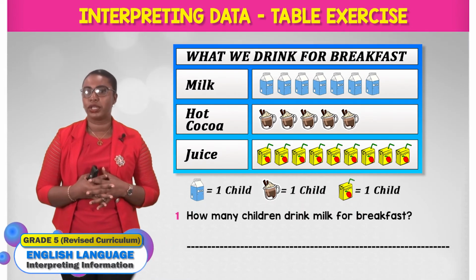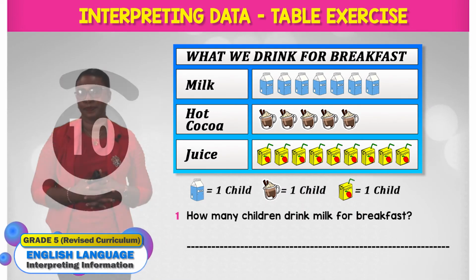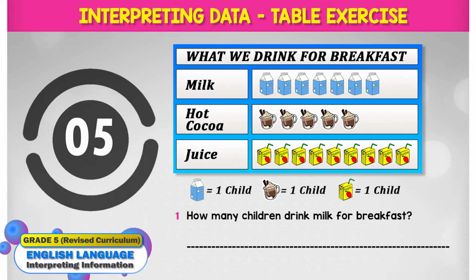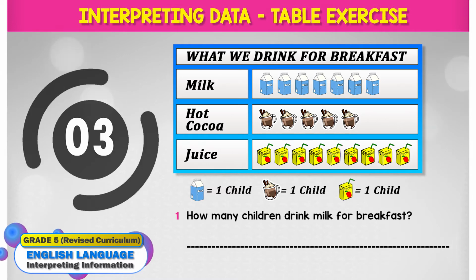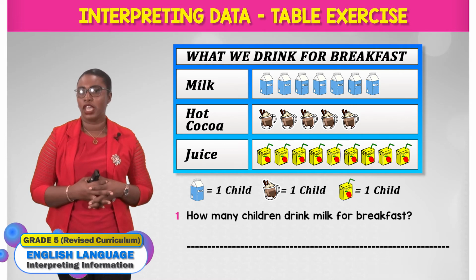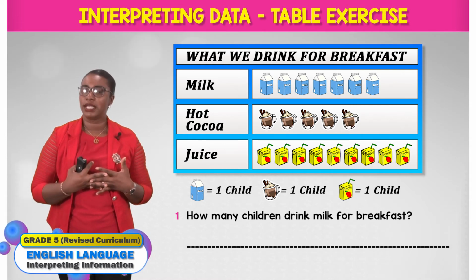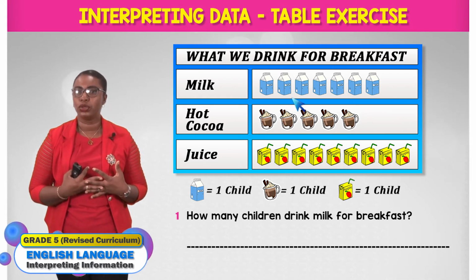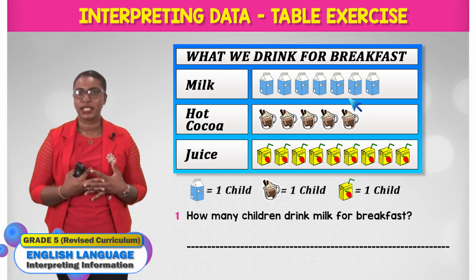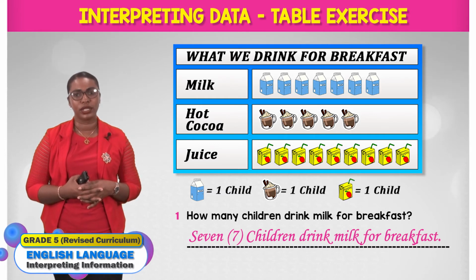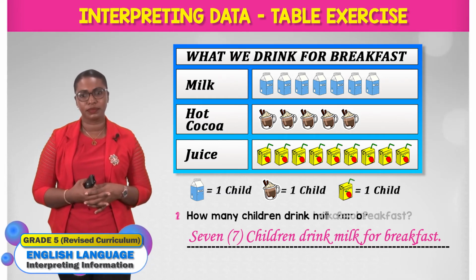Now, how many children drink milk for breakfast? If you look, you will be able to see that because one box represents one child, when you count it, you get 1, 2, 3, 4, 5, 6, 7 boxes. Therefore that means 7 children drink milk for breakfast.